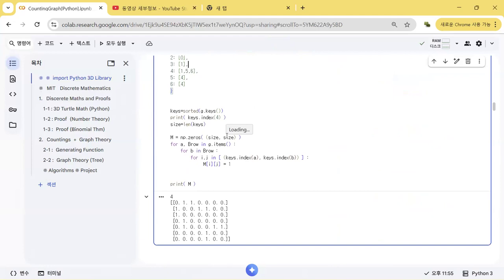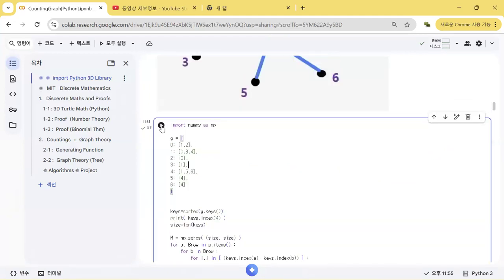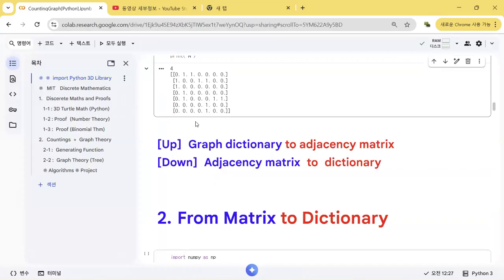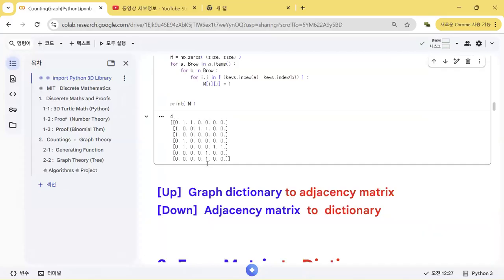That is our first problem. Okay. So by clicking this one, this is the dictionary representation. Then what do we have? We have, okay, this is a matrix representation. So this one is from graph dictionary to adjacency matrix. This is the first code you must memorize.